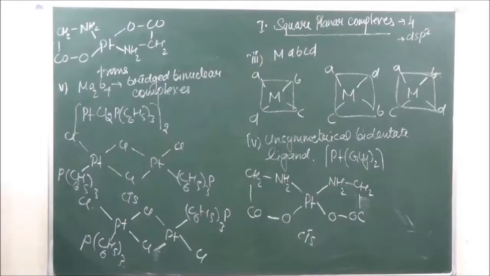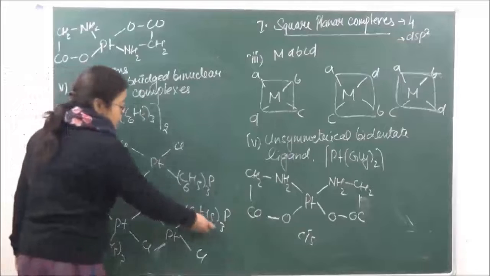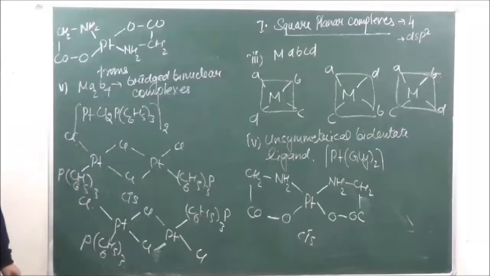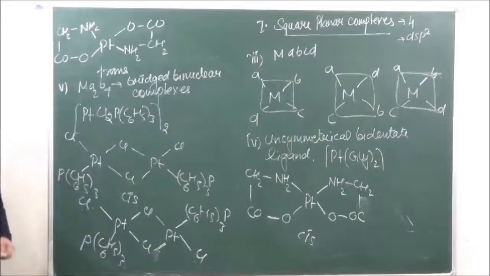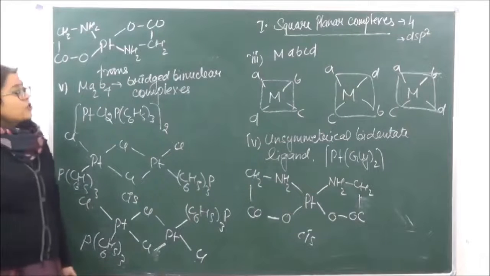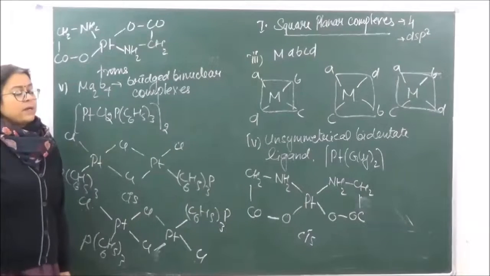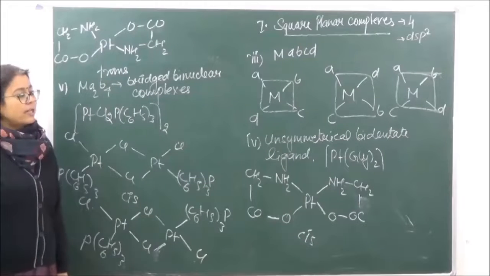Is it clear? So you can see over here that the chlorine and the triphenyl phosphine are on the opposite side. So this is going to be the trans form. Okay, so all these molecules of square planar geometry are going to exhibit cis and trans or geometrical isomerism.